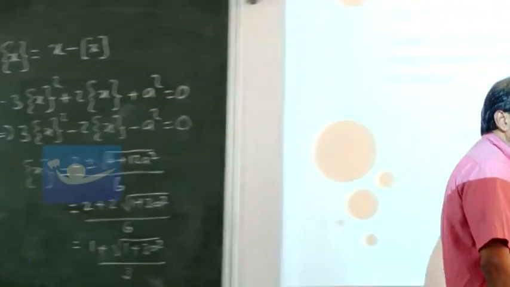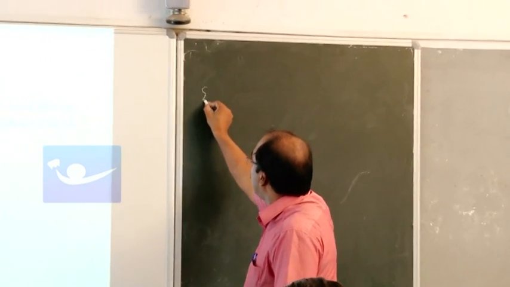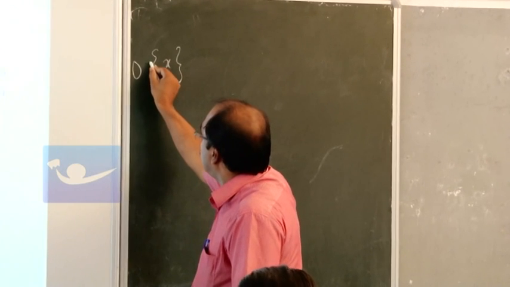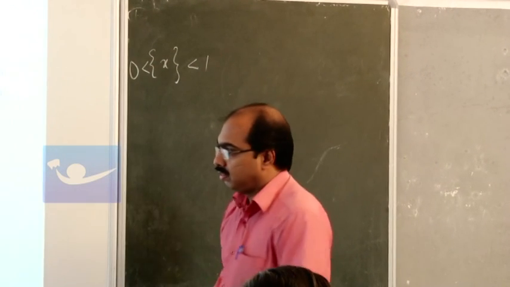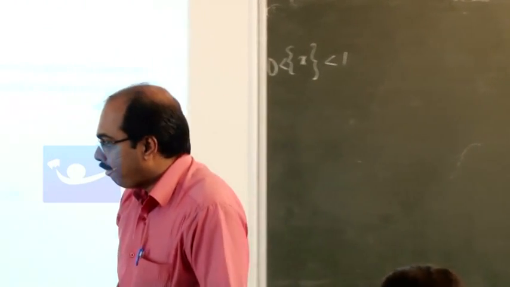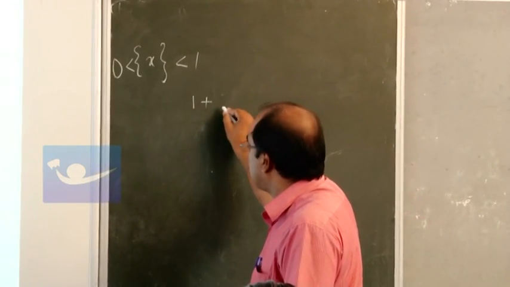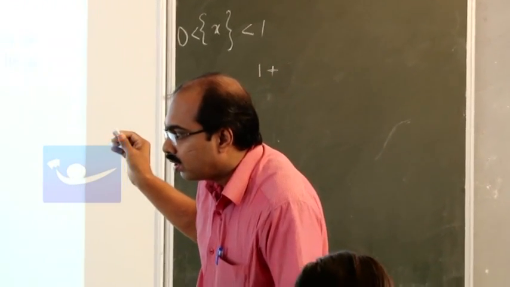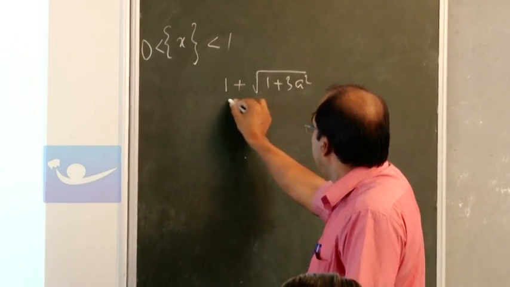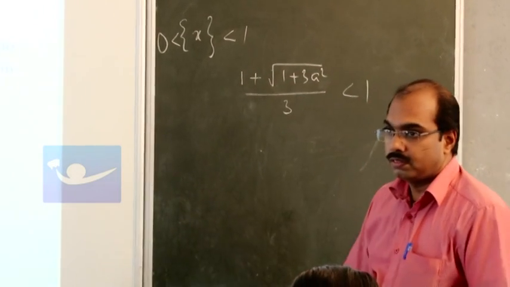As I told you, the decimal part of x, namely x, has to lie between 0 and 1. So, we have 1 plus root of 1 plus 3a square divided by 3 is less than 1.